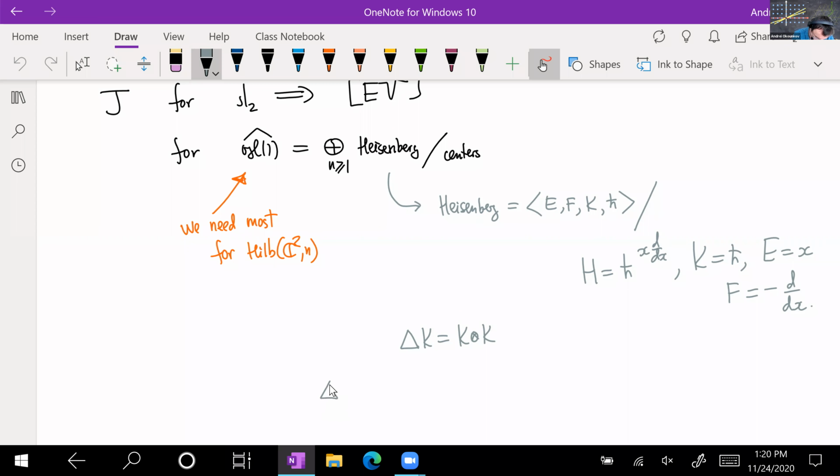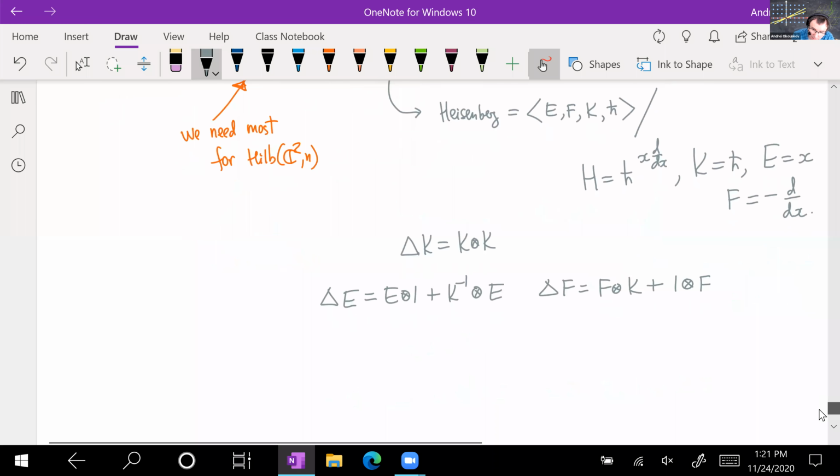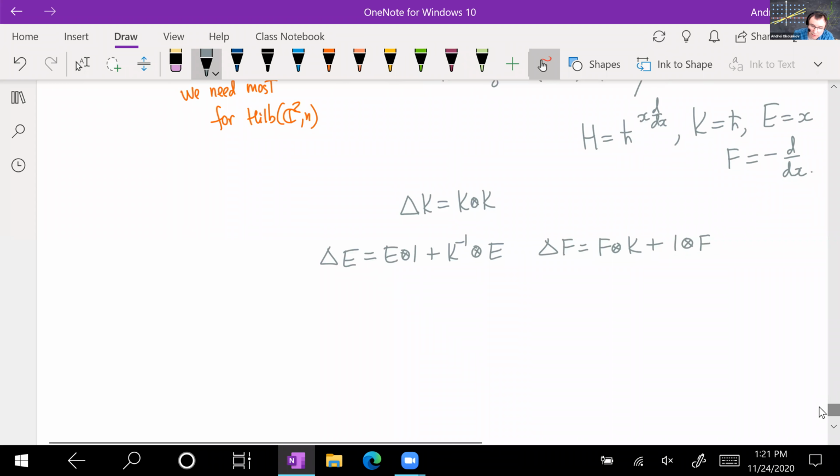So the co-product of E is E tensor 1 plus K inverse tensor E. Then the co-product of F is F tensor K plus 1 tensor F. And then finally J with this formula.